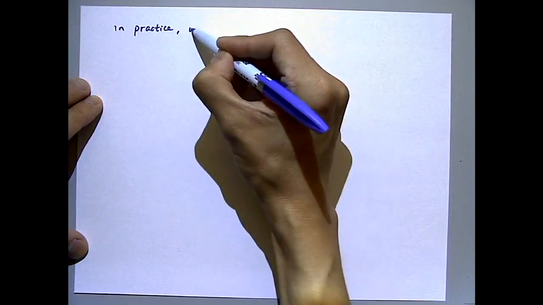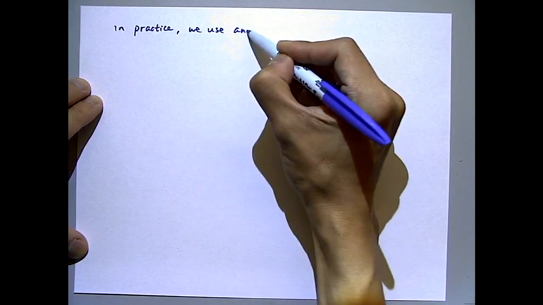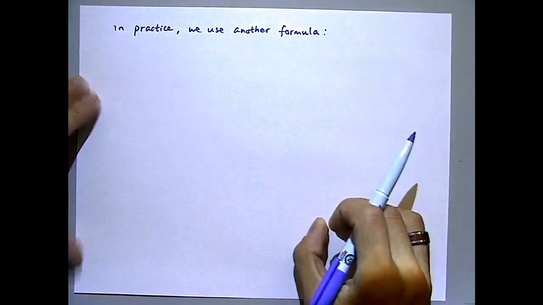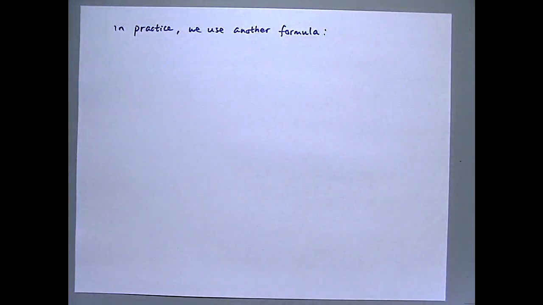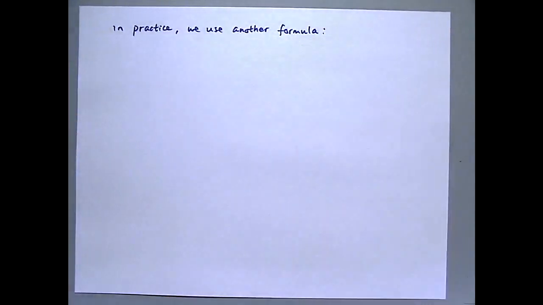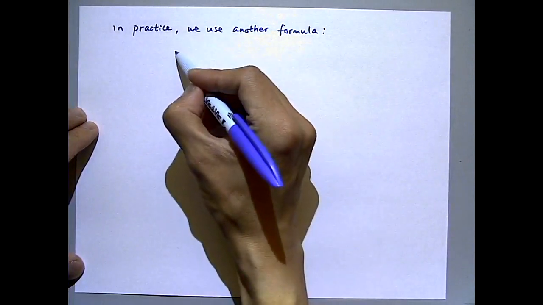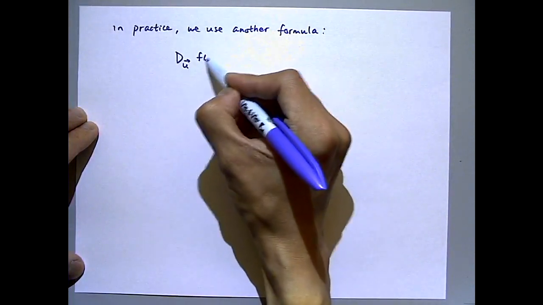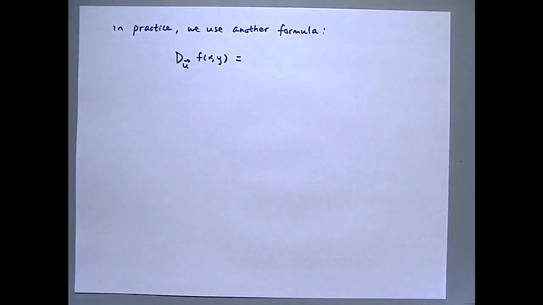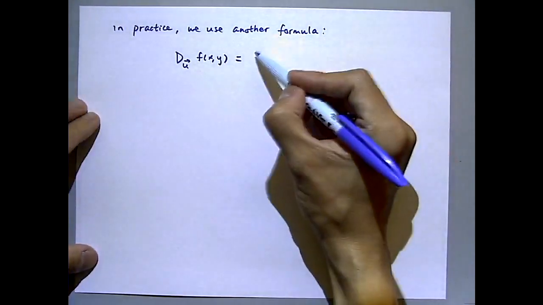In practice, as you know, we normally never use the limit definition to calculate the derivative of anything. So in practice, the computationally more convenient formula is given this way. This will make sense if you remember what I just said, that the directional derivative is some kind of weighted sum of a partial with respect to x and a partial with respect to y.